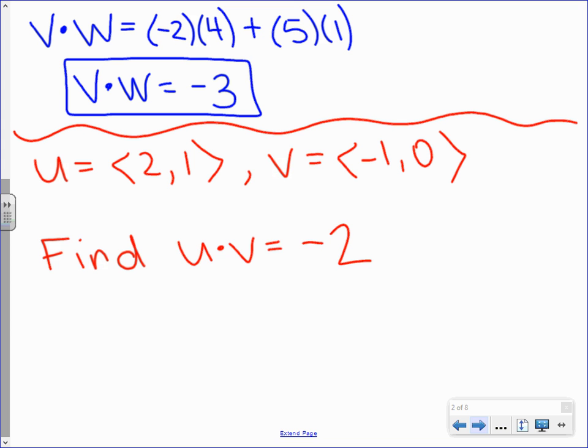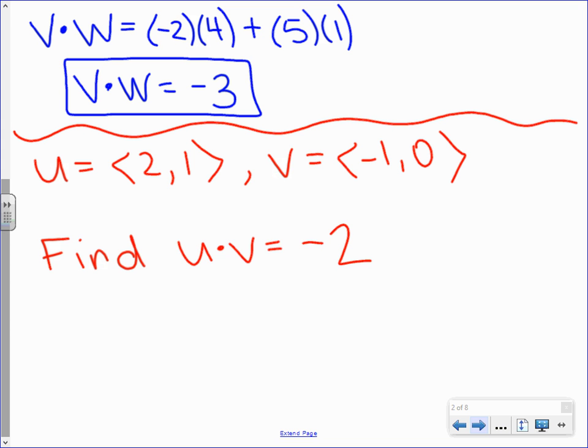Okay. Next thing I want you to think about, in this red example, I asked you to find u dot v, right? Don't answer it aloud, just think about it. Would v dot u get you the same or different answer? Okay, Courtney, what do you think?